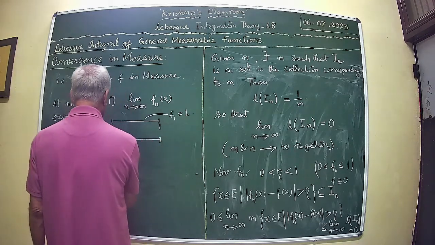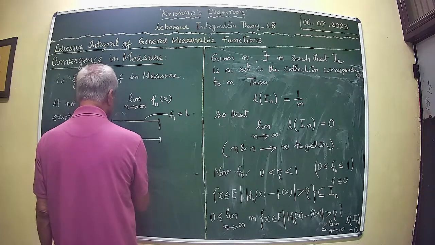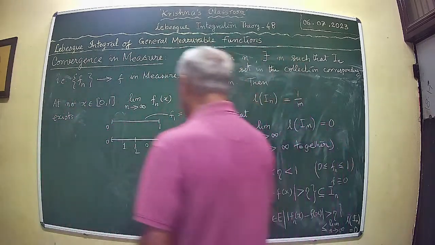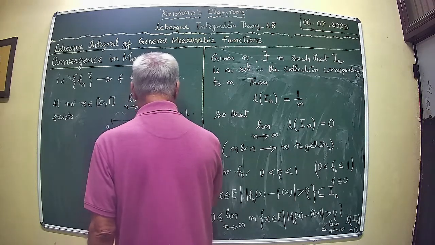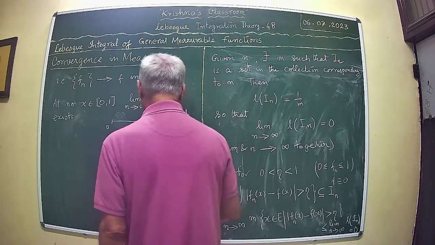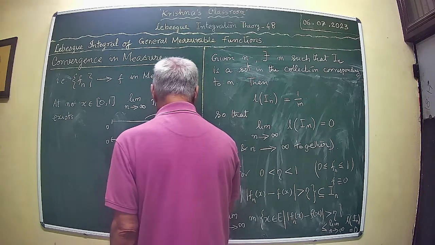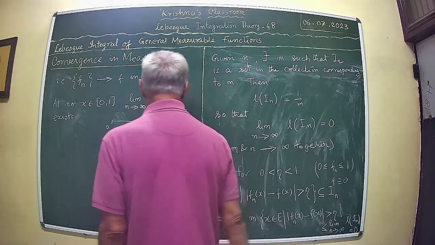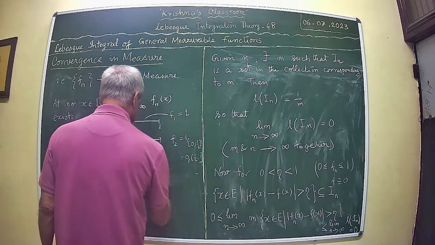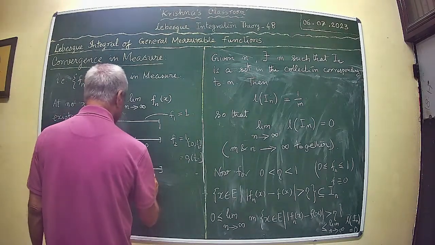F2 is 1 here and 0 here. What about F3? F3 is 0 here and 1 here.